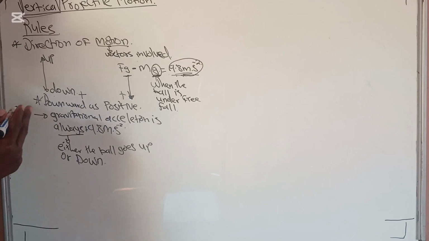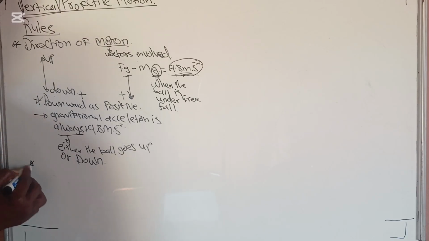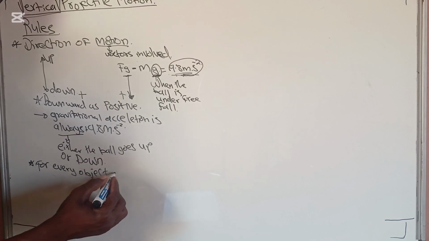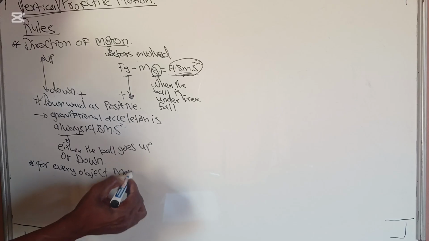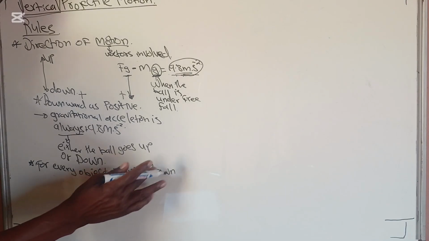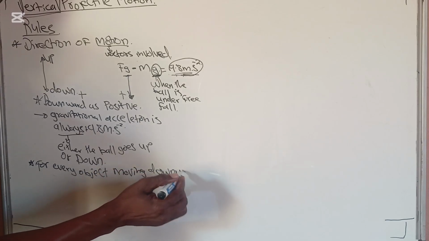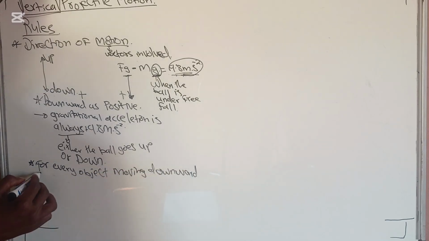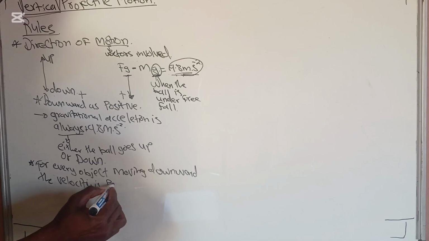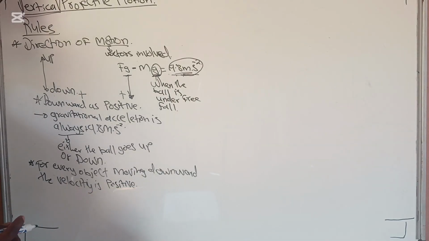So rule number 2: for every object moving downwards, velocity is positive.